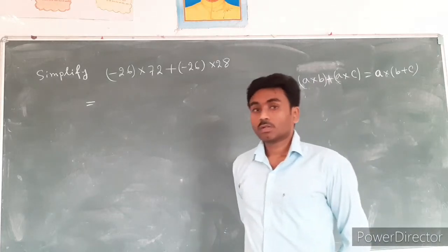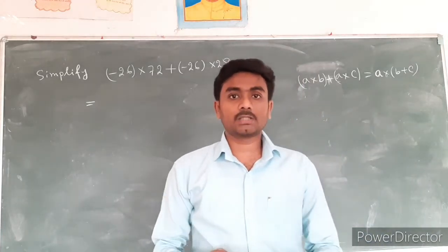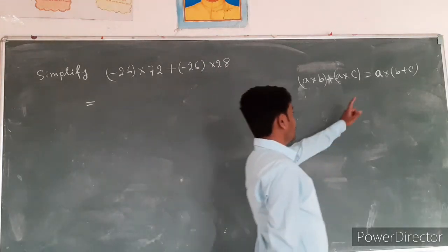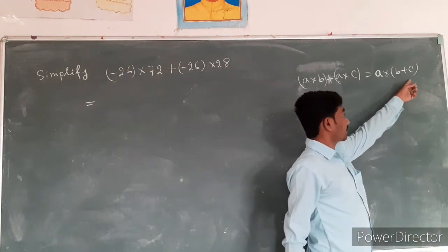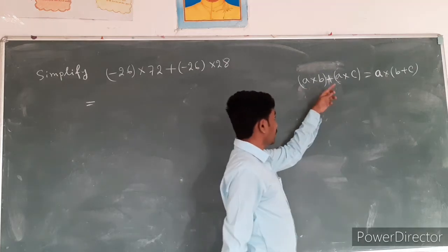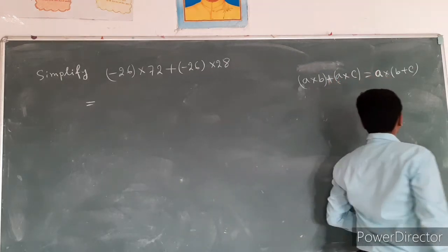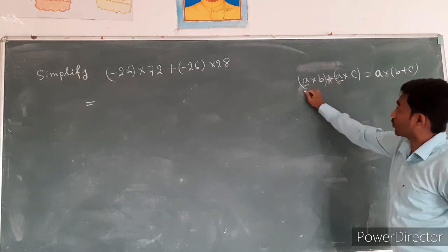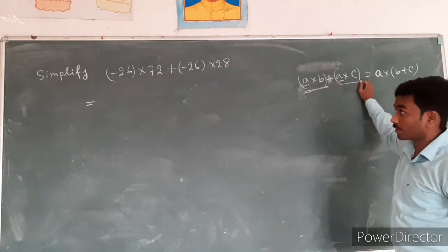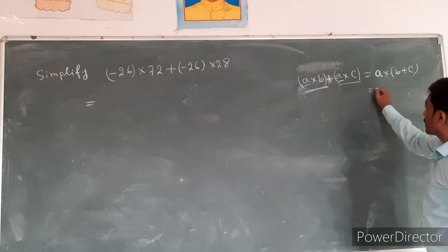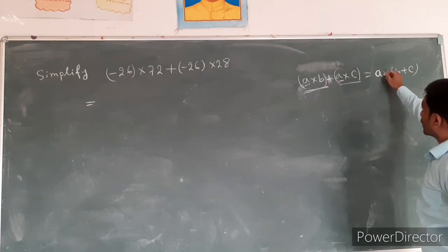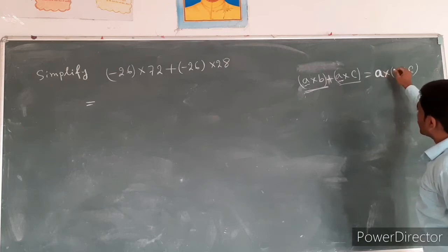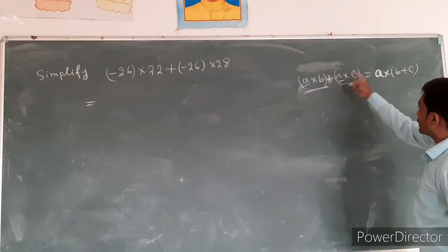We know from the distributive law of multiplication over addition, A cross (B plus C) is equal to A cross B plus A cross C. That is, here A is common in both the expressions, so A comes out, A multiplied by (B plus C).